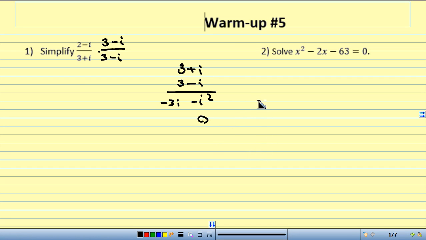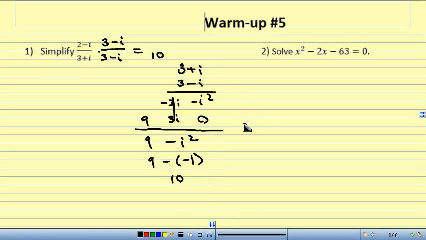Put a placeholder there. Then 3 times i is positive 3i, and 3 times 3 is 9. When we add it together, the middles cancel out. We have 9 minus i squared. i squared is negative 1, so it's 9 minus a negative 1, which is 10. So the bottom becomes 10.